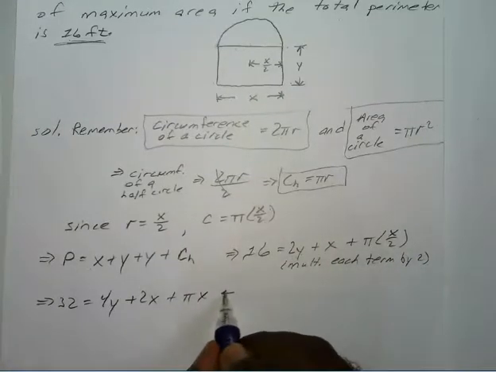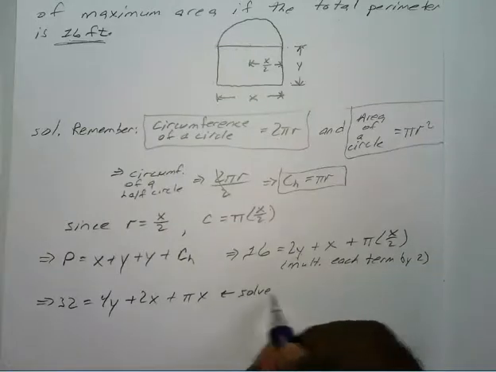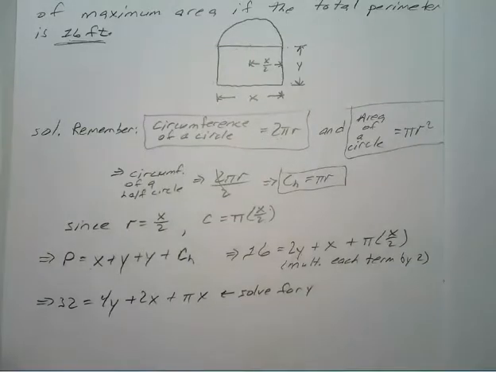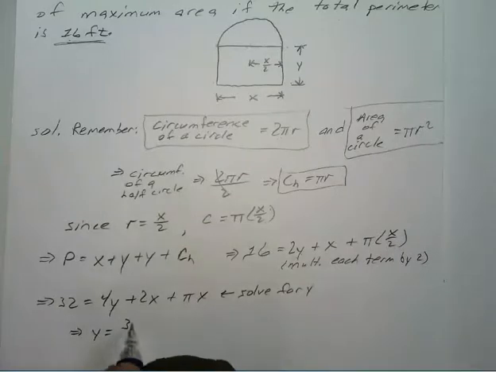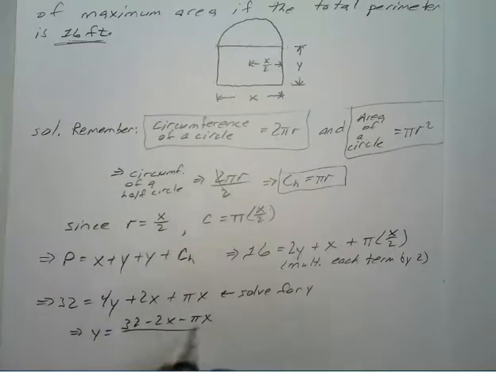And then from there, we solve for y. If we solve for y, that means we subtract the 2x and we subtract the pi x, and we divide everything by 4. You have y equals 32 minus 2x minus pi x over 4.